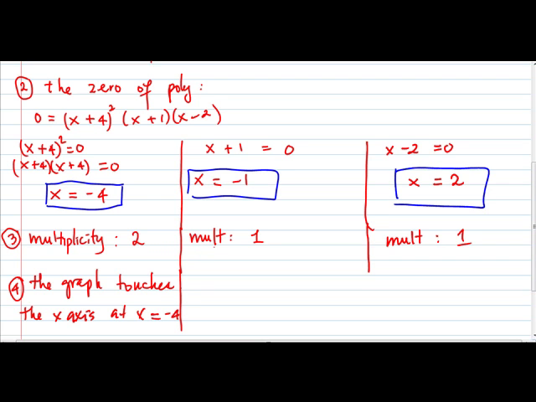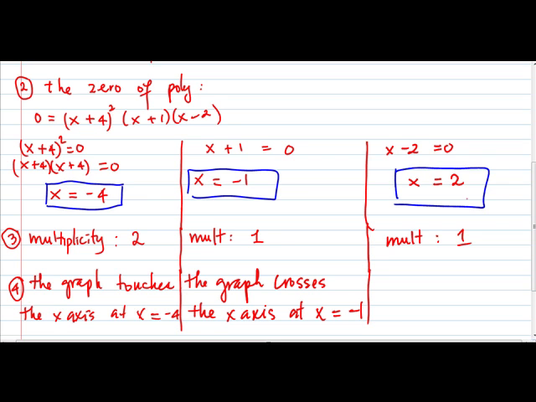Now, our multiplicity is odd, so therefore the graph crosses the x-axis at x equal to minus 1.